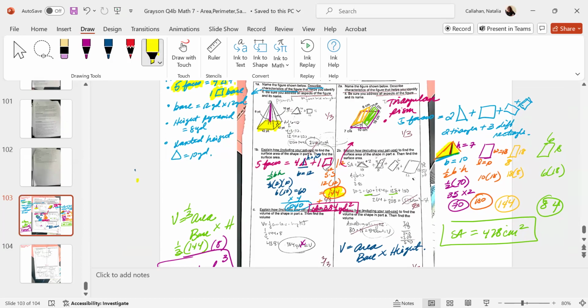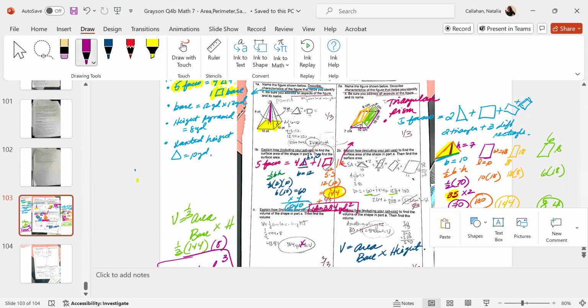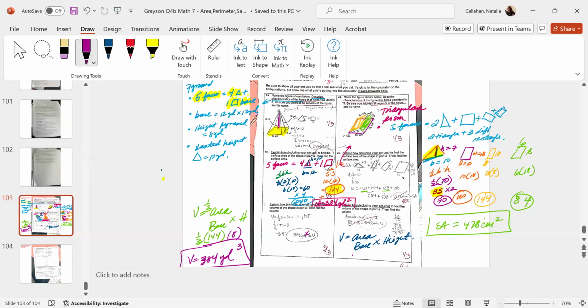And what was the area of that one triangle? Do you remember? No. The area of the triangle was 30? No, you wrote 30. That's wrong. It was not 30.